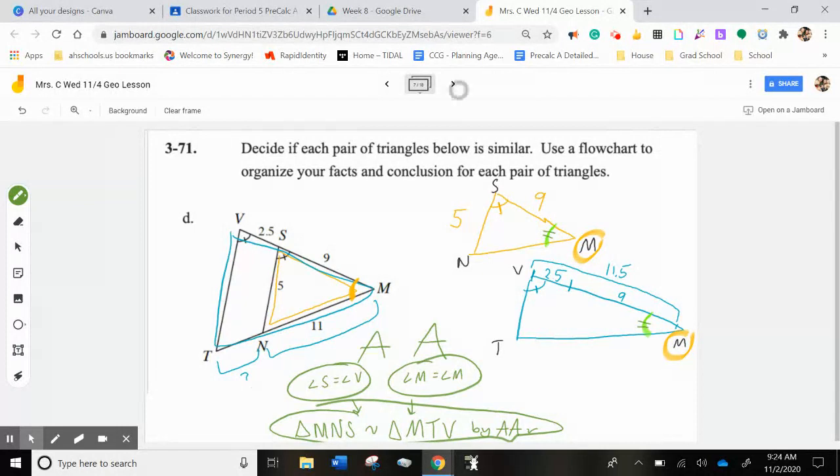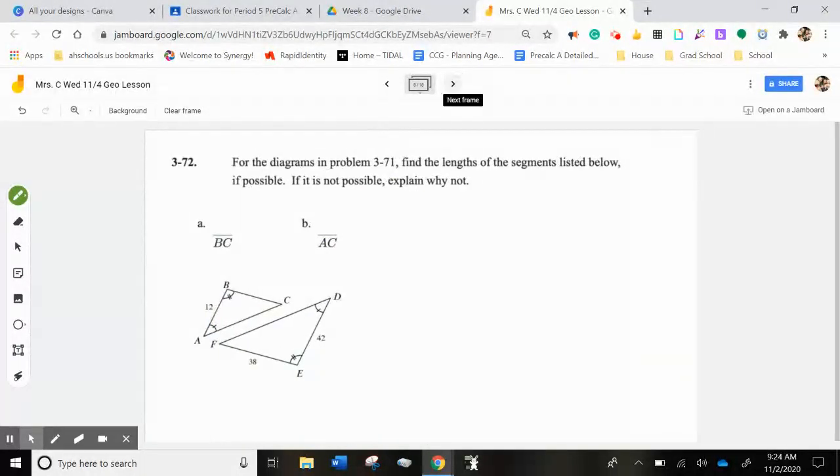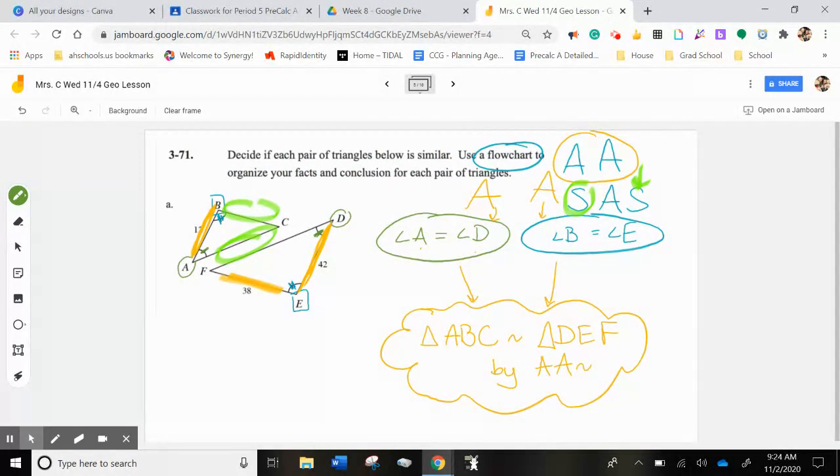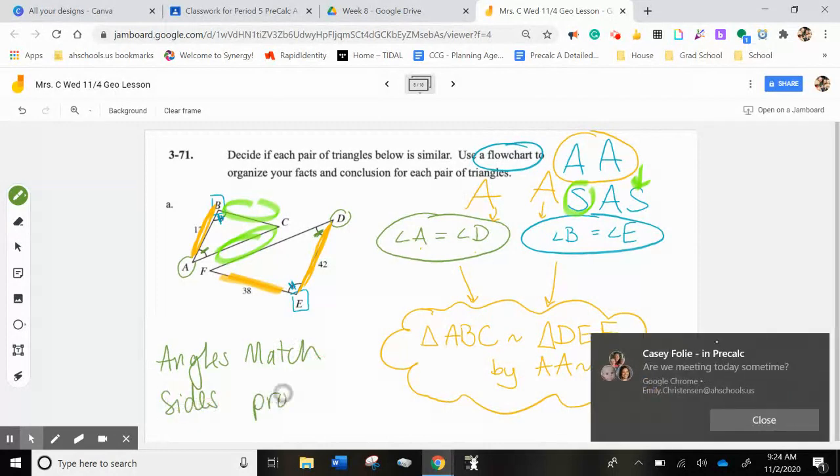So let's go try this picture here. So we've already proven that these two triangles are similar. This was back on slide 5. So we've proven that they're similar, so we know the angles match, and we know that the sides are proportional.